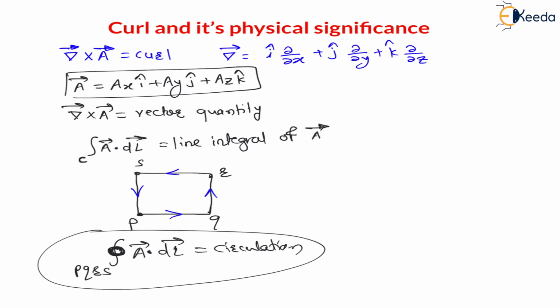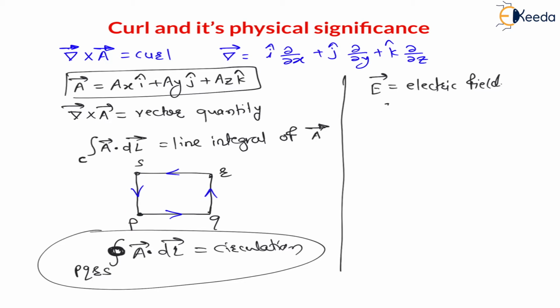Now here the vector field is the electric field. Now my dear students, for the electric field, if I start from P and after rotation come back to P, it means at the same point the potential difference is 0, right?